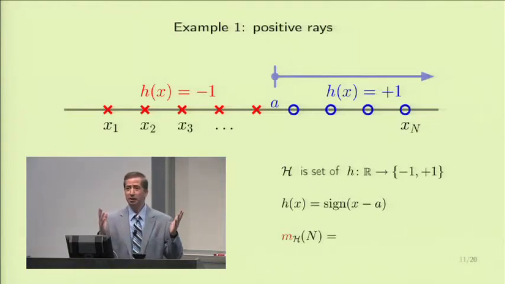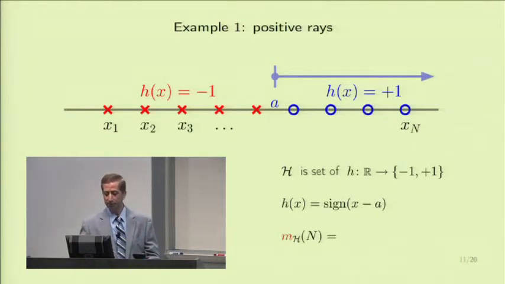So here is a very simple argument. If you have n points, the value of the dichotomy, which ones go to blue and which ones go to red, depends on which segment between the points A will fall in. If A falls here, you get this pattern. If A falls here, this guy will be red, and the rest will be blue. So I get a different dichotomy. So I get different dichotomies when I choose a different line segment.